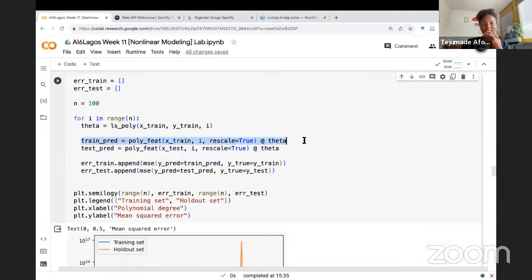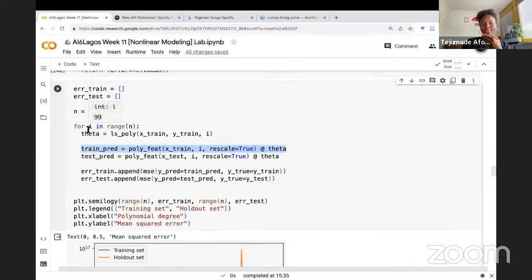We compute the train prediction, so we get the polynomial feature for the train set. The computed parameter is the optimal parameter for this particular polynomial degree.